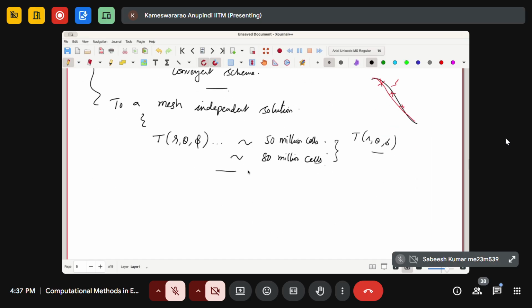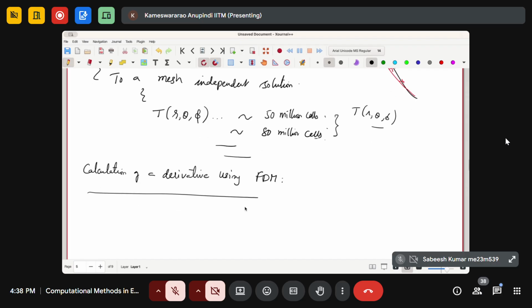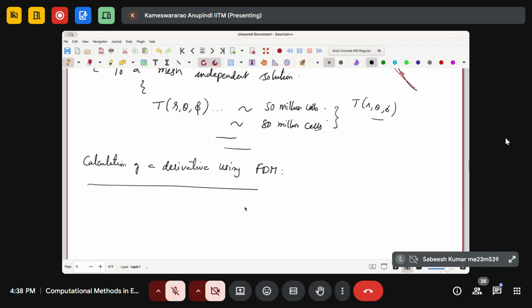Now let us get into discretization, or calculation of a derivative using finite difference methods. That means we're going to numerically evaluate a derivative using finite difference method.